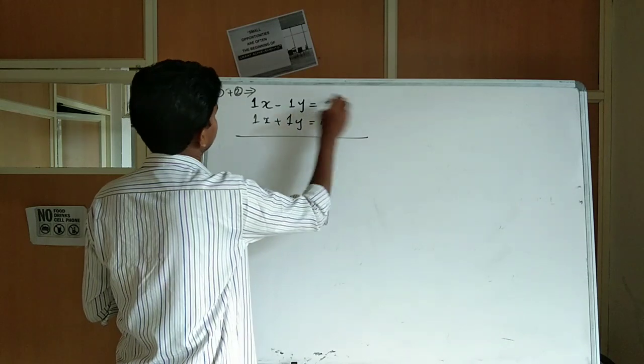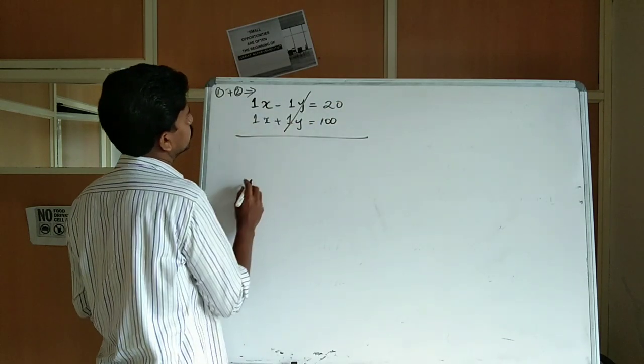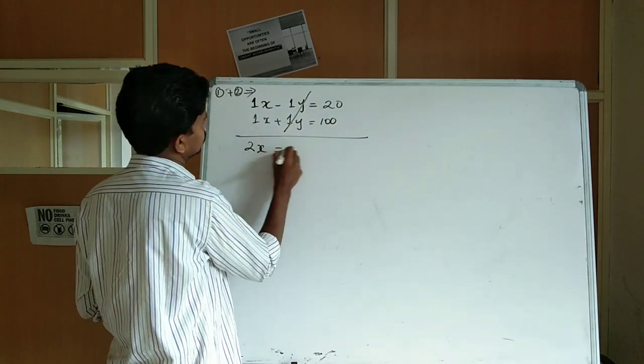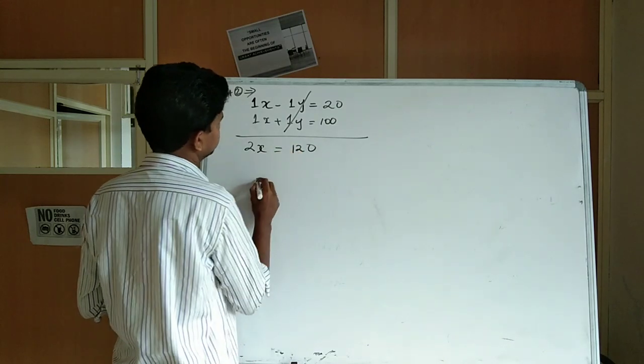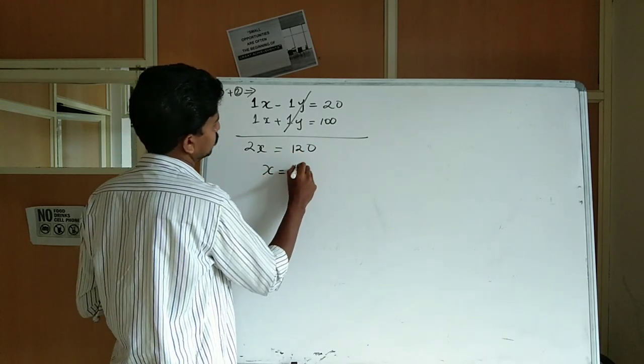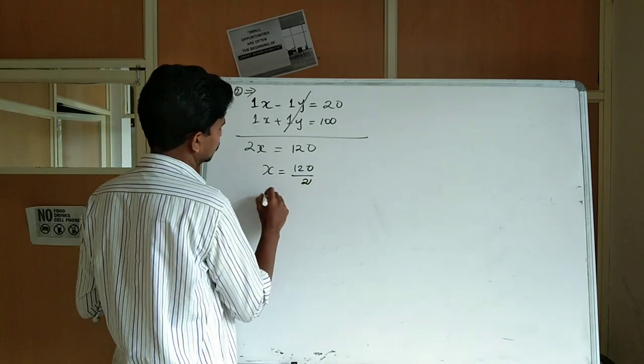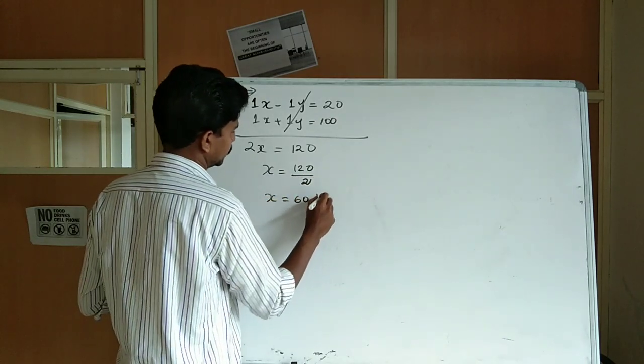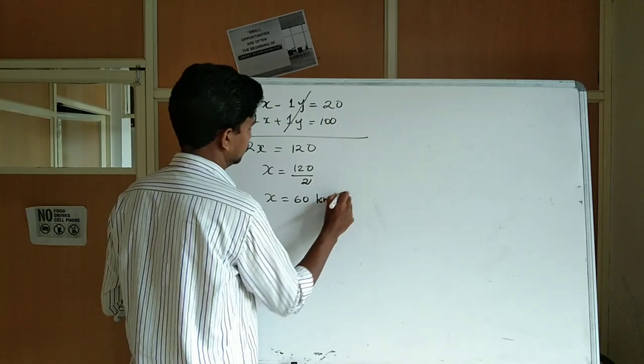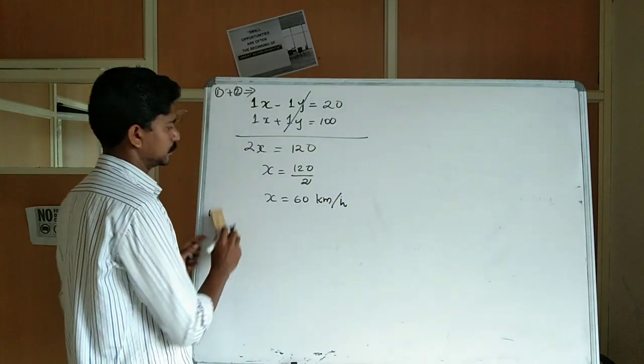When you add these two equations, y is eliminated. We have 2x is equal to 120, so x is equal to 120 divided by 2. X is equal to 60 kilometer per hour. That is the x value.